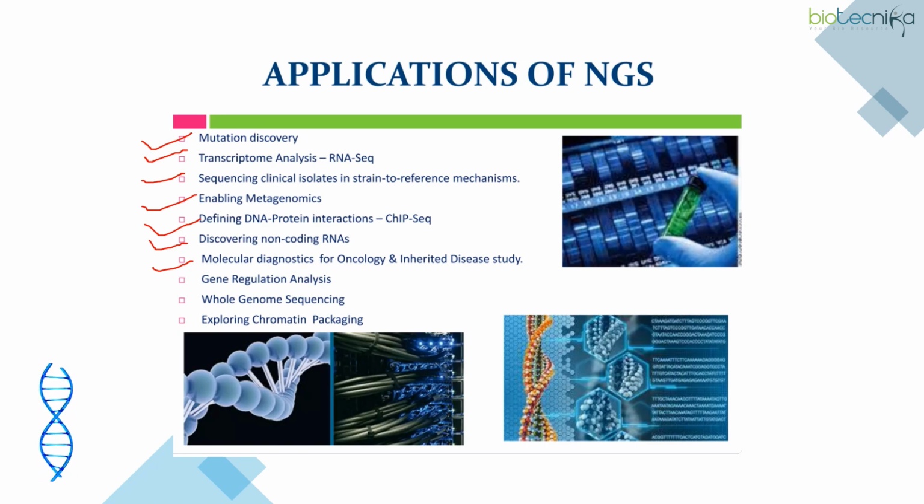NGS also helps us with gene regulation analysis, whole genome sequencing, and exploring the chromatin packaging of your targets. So that is a great application of next generation sequencing, and that's why you can see that from every research point of view, genomics and next generation sequencing are playing a very significant role.